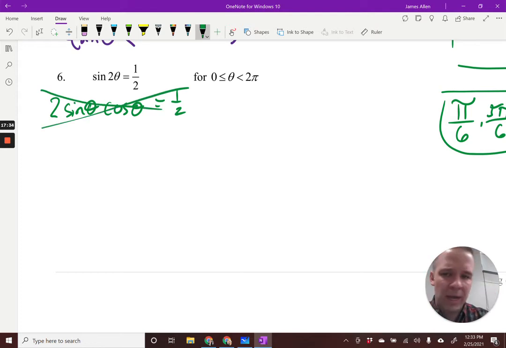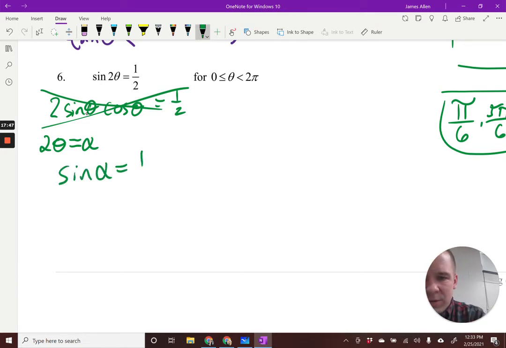Can't do that. But what if I say, hey, man, 2 theta equals alpha? You don't necessarily have to use alpha or U-sub. You can go about it however you'd like. But let's solve this. Sine of alpha equals 1/2. So that would mean, let's see here, and we're doing radians, right? We're doing radians. So it's going to be pi over 6. That was a really extravagant alpha.